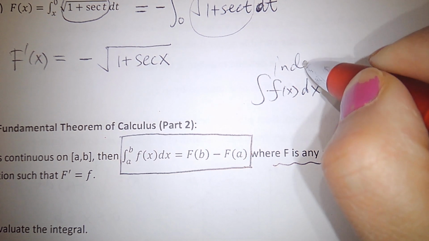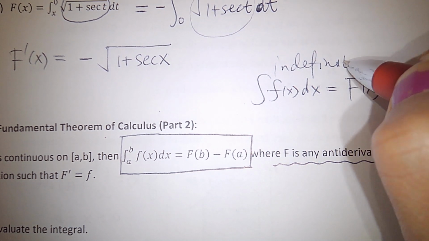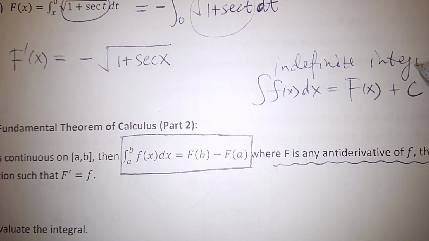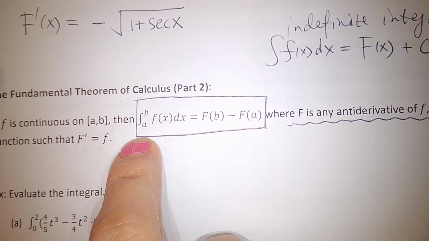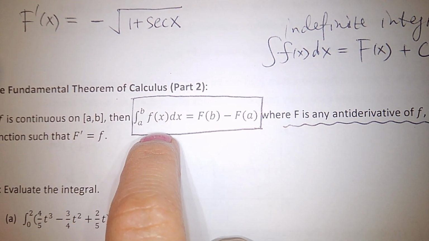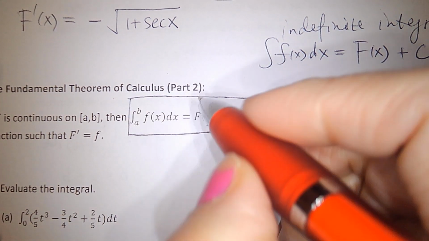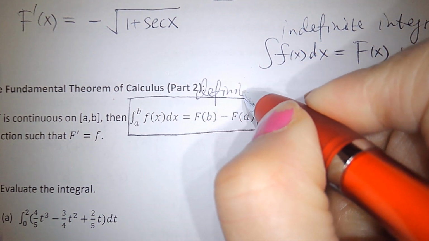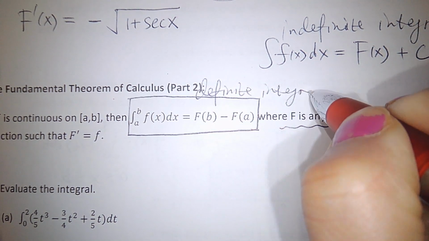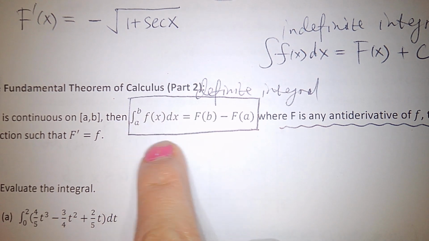This is called an indefinite integral. And if we have limits from a to b, then this integral is called a definite integral. Okay, so we have to learn this.